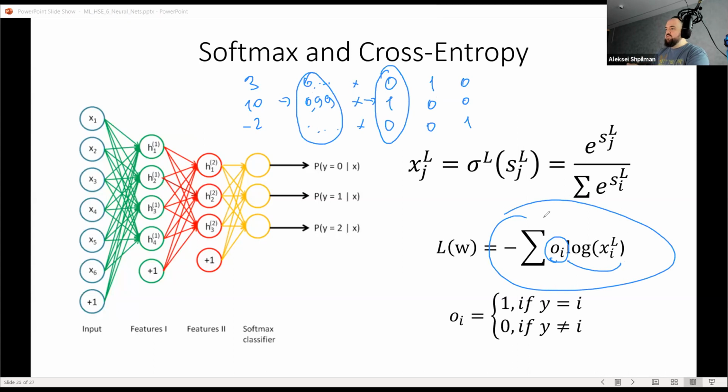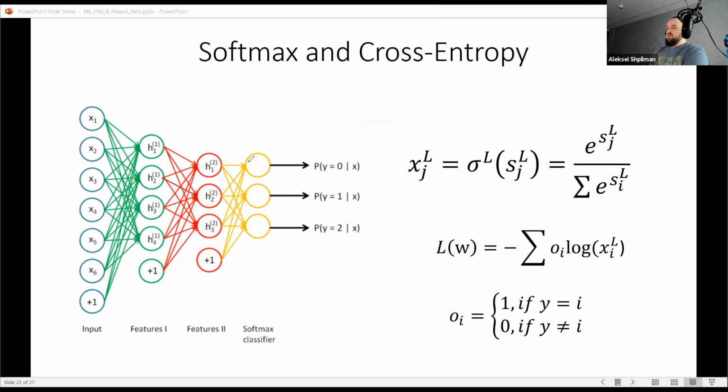We want this to be maximized, which means we want the negative of it to be minimized. For every neuron, we either have 0, or for the correct class, we have the likelihood of that class for that neuron.